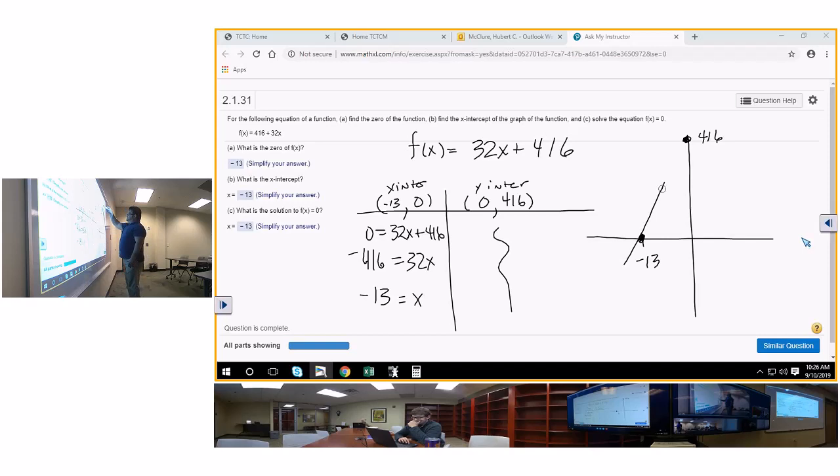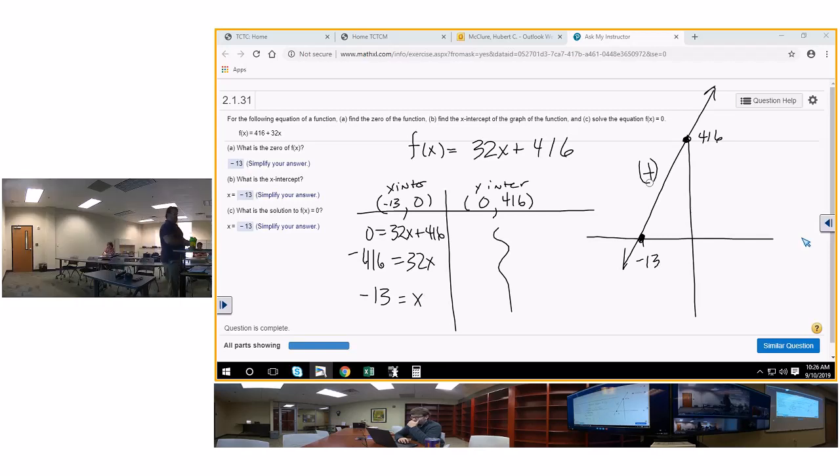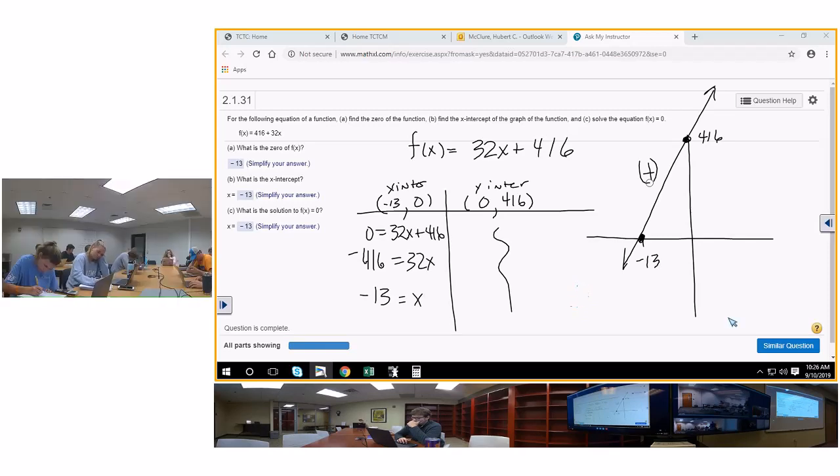So you got some kind of line looking like that with a positive slope, and you could actually find that equation now that you got the x and y intercept, if you needed to. So I didn't mess that one up.